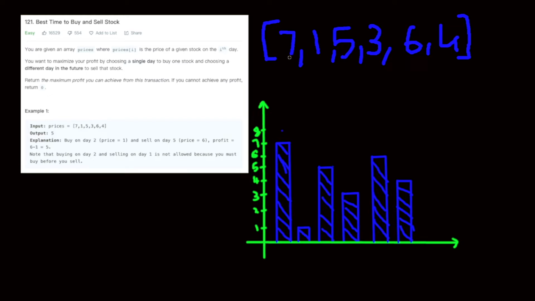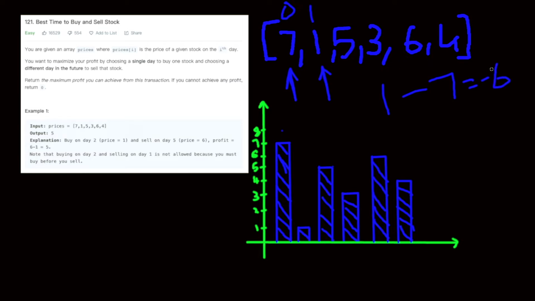So you'll be given an array here. For example, we've taken an example here: 7, 1, 5, 3, 6, 4. If you were to buy the stock on 7, which is the first day, and sell it on the second day, you would end up with a profit of 1 minus 7, which is equal to negative 6, which is essentially a loss.